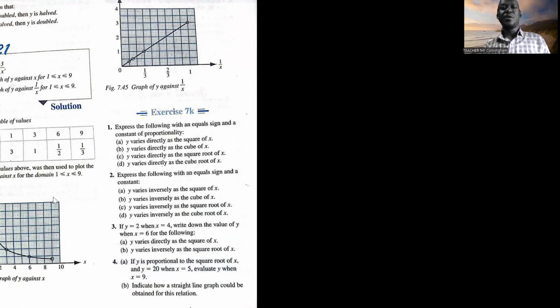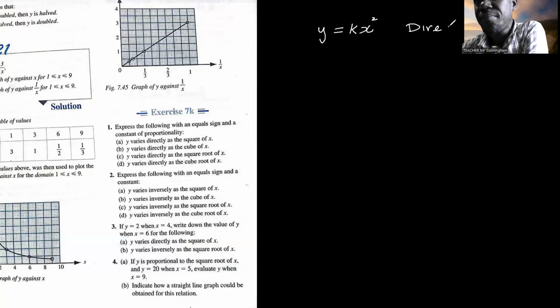Now, in that last question, we said that y was varying directly to x squared. So this is direct variation.